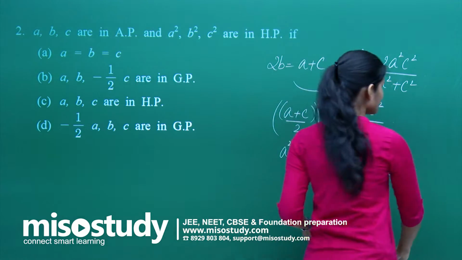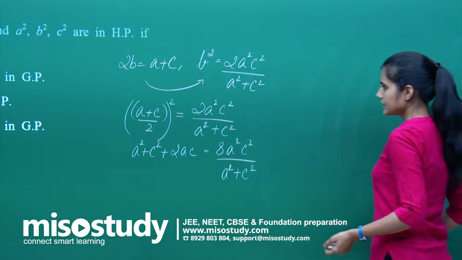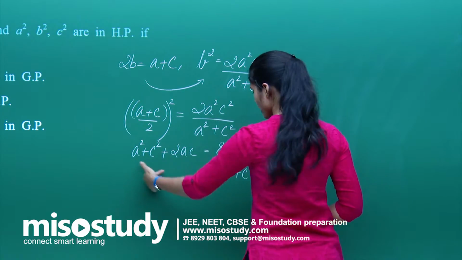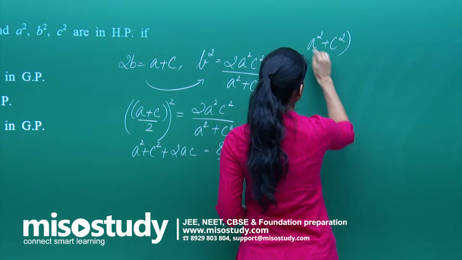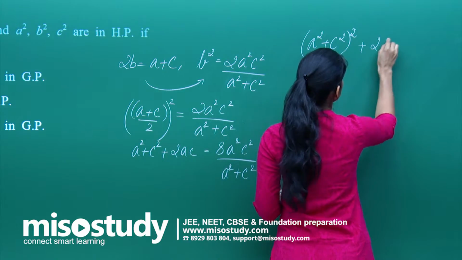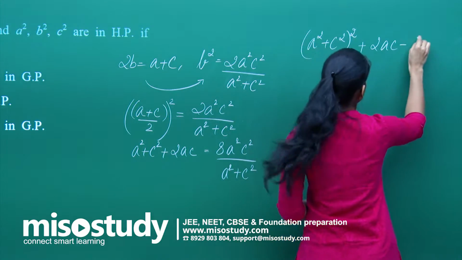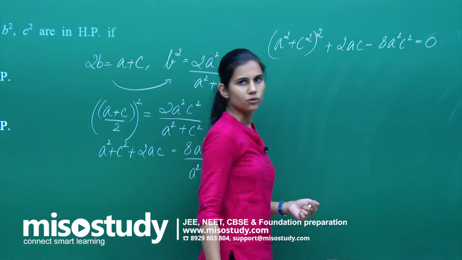So this eventually gives you what? Let's see. This gives you a square plus c square whole square plus 2ac minus 8 a square c square equals 0.